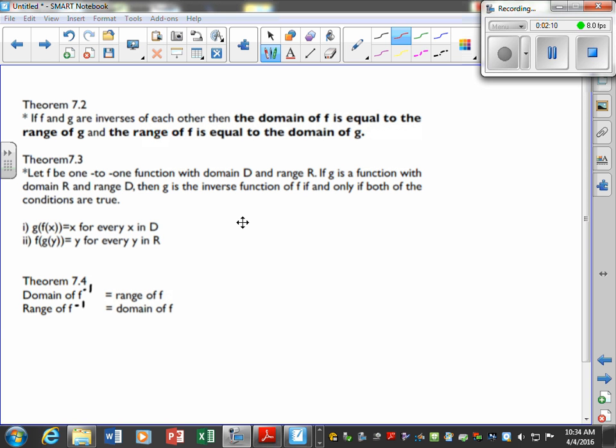If g is a function with the domain r and the range d, then g is the inverse if and only if both of the conditions are true: g of f of x is equal to x, and also f of g of y is equal to y. Okay, and a brief summary of that is theorem 7.4. The domain of f inverse is equal to the range of f, and the range of f inverse is equal to the domain of f.